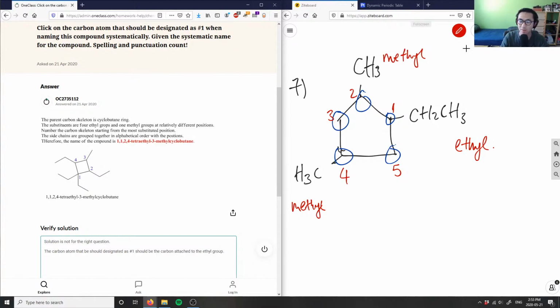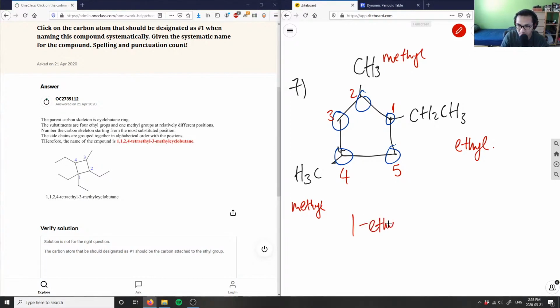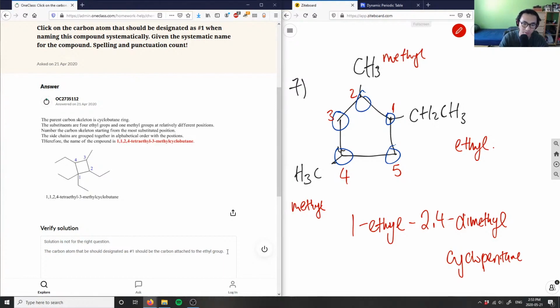So I said that the naming here is, so I can say 1-ethyl. I have 2,4-dimethyl, so 2,4, and then I have 2 methyl groups, so 2,4-dimethyl, and then this here is a cyclopentane. So this here is my naming for this kind of compound here. So again, 1-ethyl here, 2,4-dimethyl, and then cyclopentane is my parent chain here.